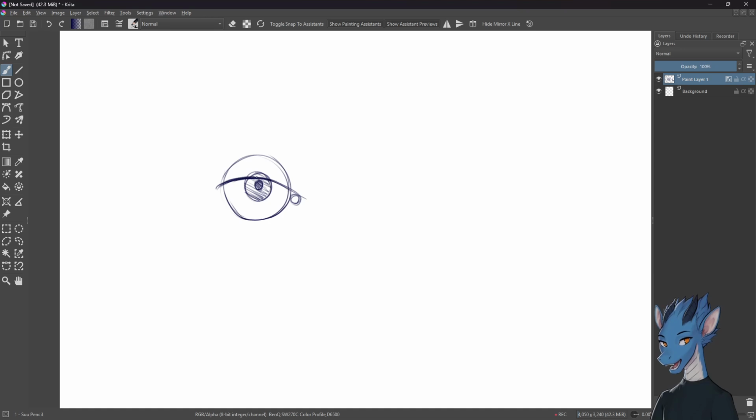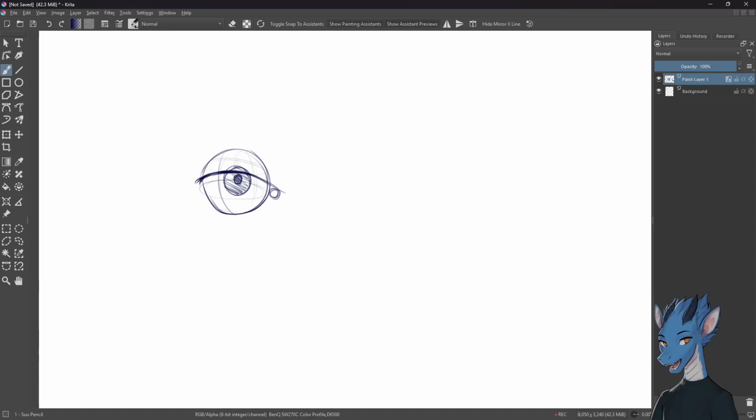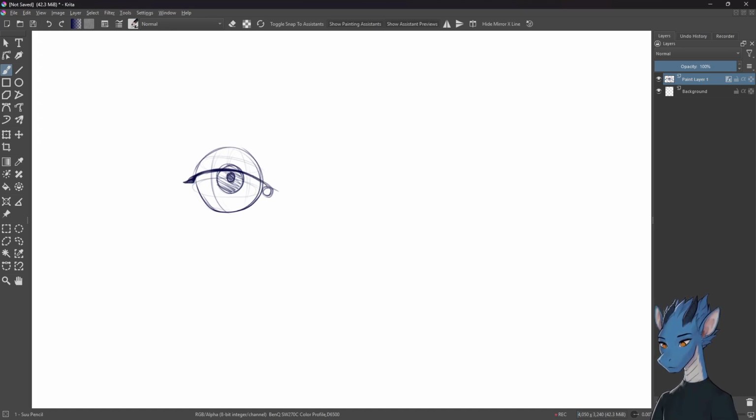This is why it's useful to think of the eye as not just a circle, but a sphere. It has volume, right? This eye has volume. And so we're going to wrap this line around the eye because the eyelid basically just covers it, right?